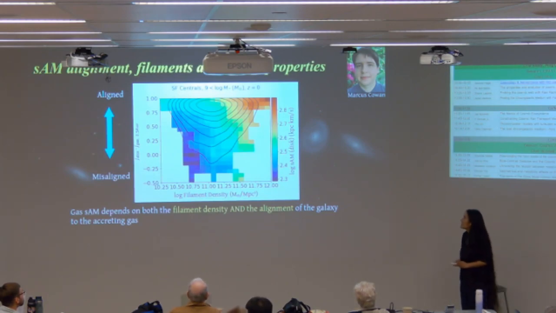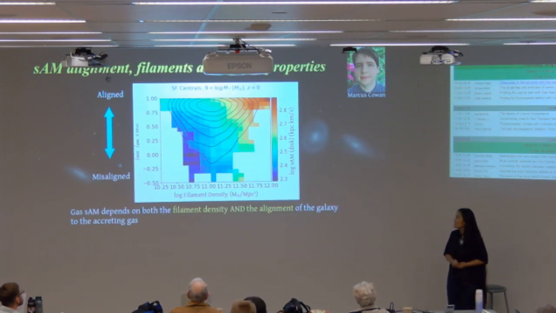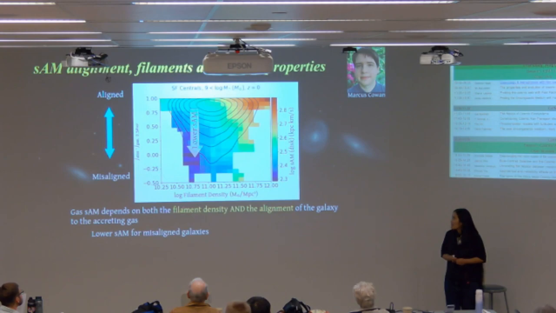So what we see here is that the gas specific angular momentum depends on both the filament density and the alignment of the galaxy to the accreting gas, such that you have lower specific angular momentum for misaligned galaxies. Does that make sense?